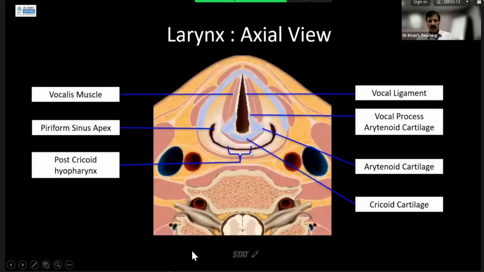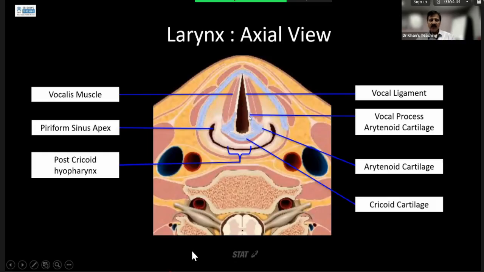So next slide. Here you are, look here. Key point, I always say that in laryngeal imaging, if you ask me, please tell us one tip in laryngeal imaging which will help us to orient ourselves. The tip is that look for a slice where you can see two cartilages, one on top of other.